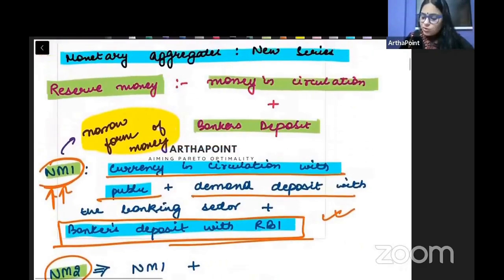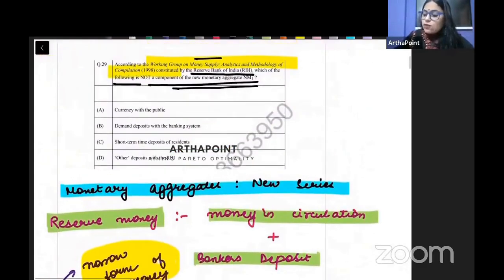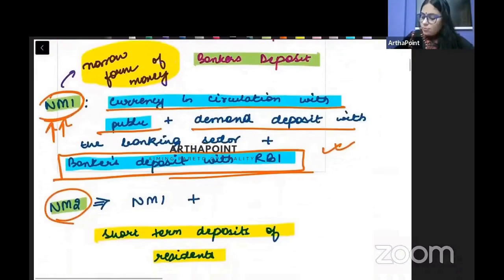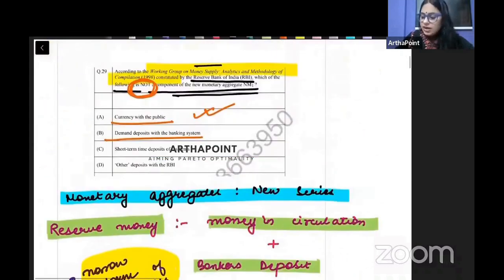Now the question is going ahead and it is asking you which is not a component of your new monetary aggregates. Not a component, right? So currency with public, it is a component, right? So we will go ahead and I will take this. Demand deposit with banking system, it is a component of NM1. This is also a component. Short-term time deposit, this is not a component.